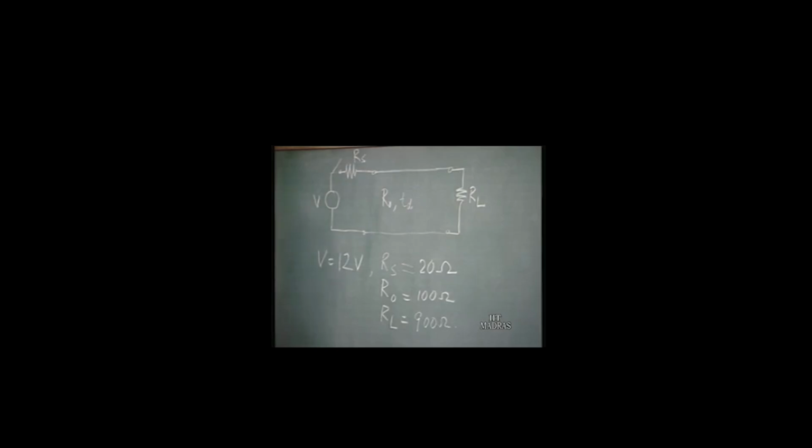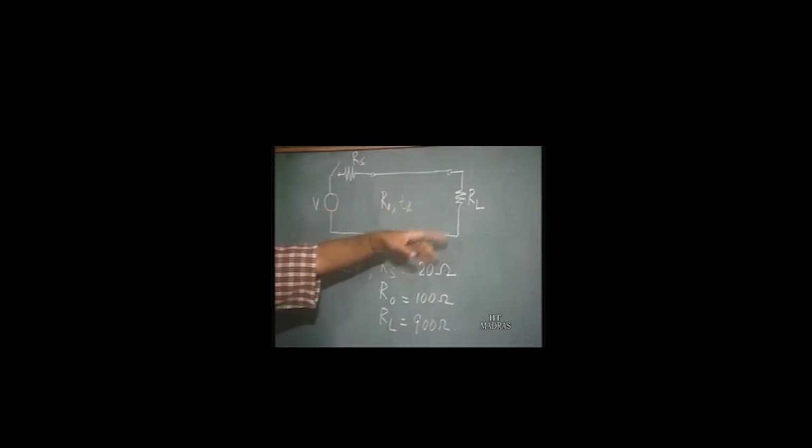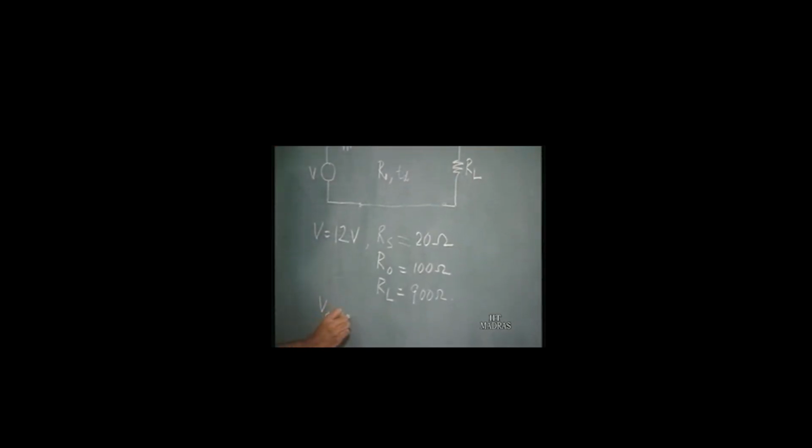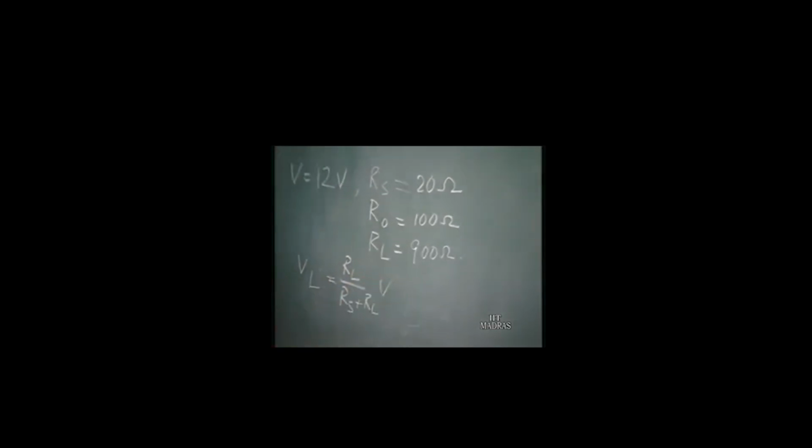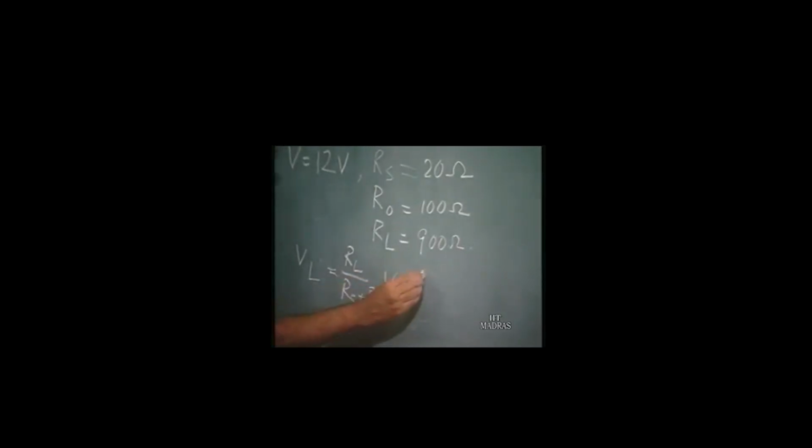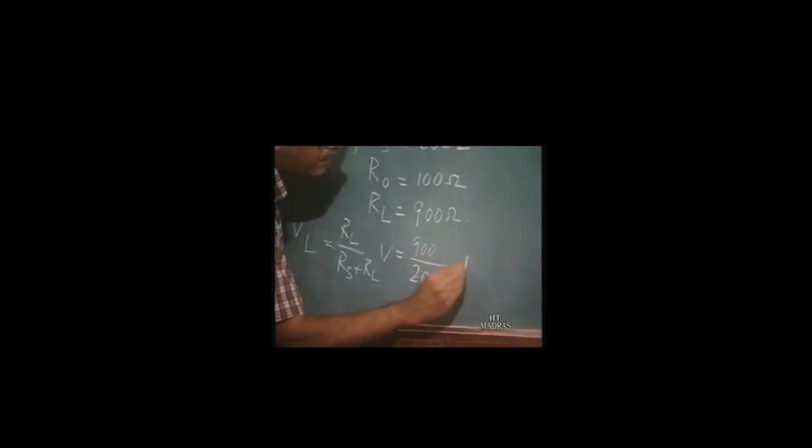Now, if we were to assume that this transmission line is basically a short circuit, then what do we expect? As soon as the switch is closed, the voltage across the load resistance, VL, is equal to RL by (RS plus RL) into V, that is 900 by (20 plus 900) into 12.